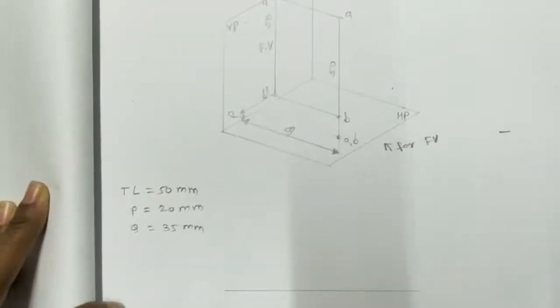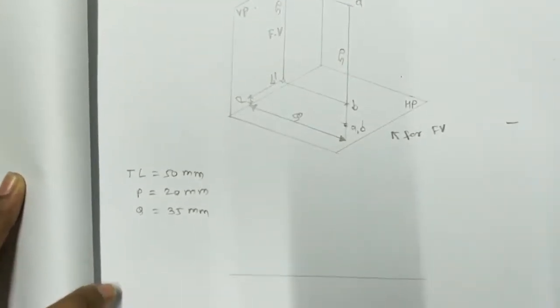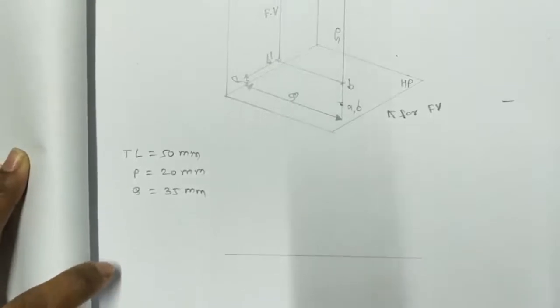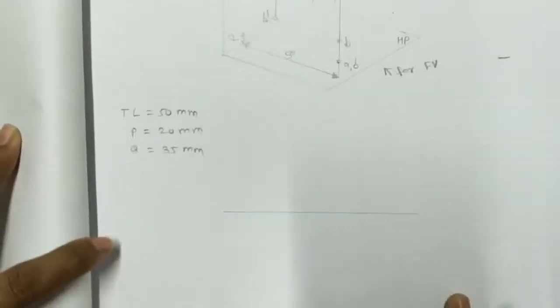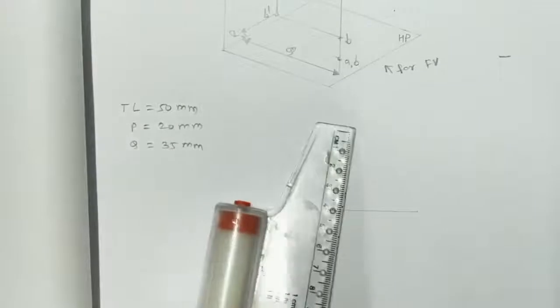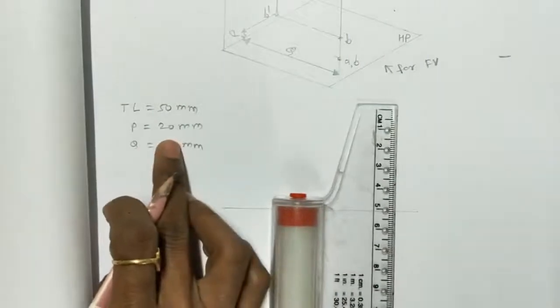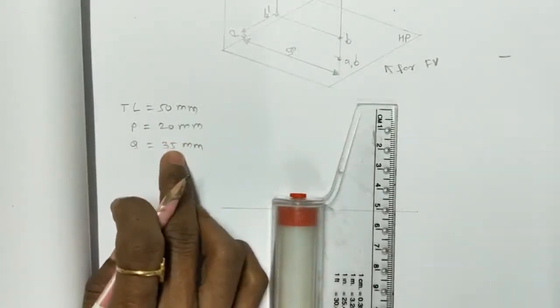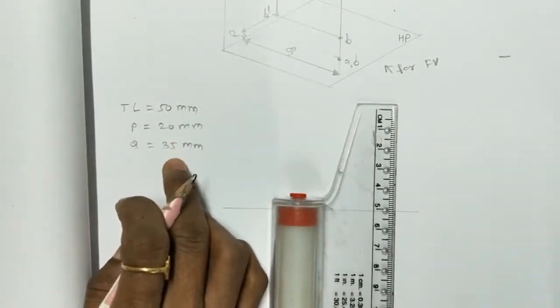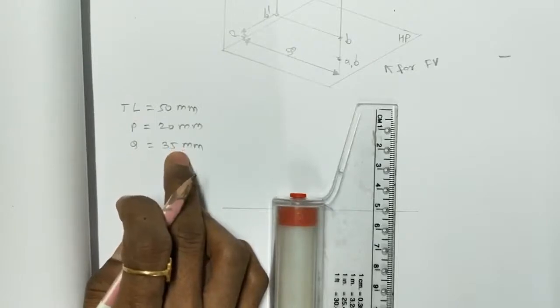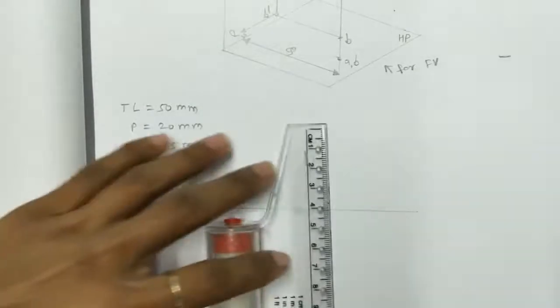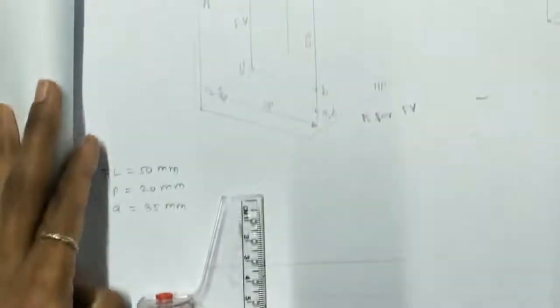So how will it look? See here, the line true length is given as 50. It is 20 mm above HP and 35 mm in front of VP and is perpendicular to HP and parallel to VP.